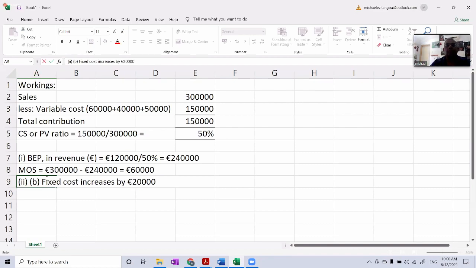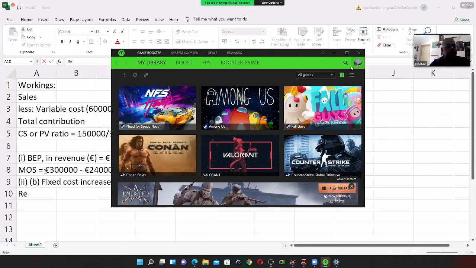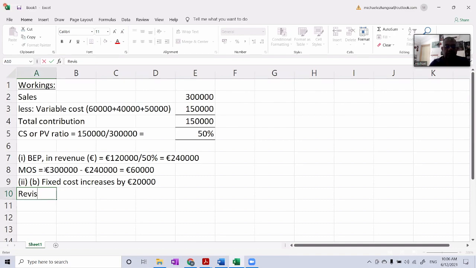So you have revised fixed cost will be 120,000 plus 20,000 equal to 140,000.